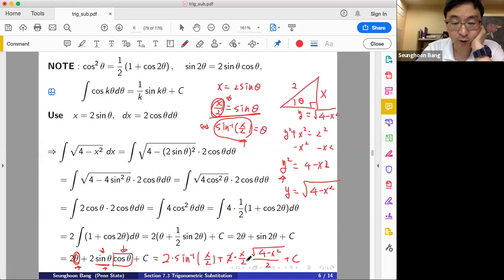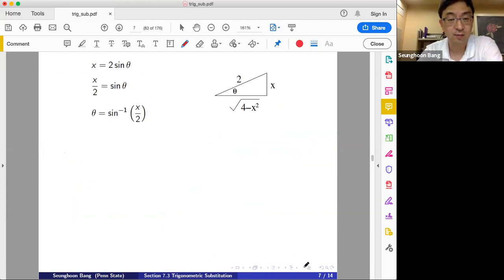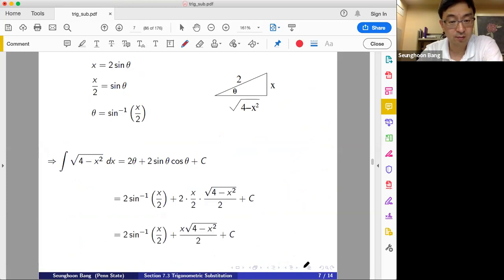Simplify, the 2 is crossed out. The final answer is 2 times the inverse sine of x over 2 plus x times the square root of 4 minus x squared over 2, plus c. So that's the whole idea. This is my explanation.